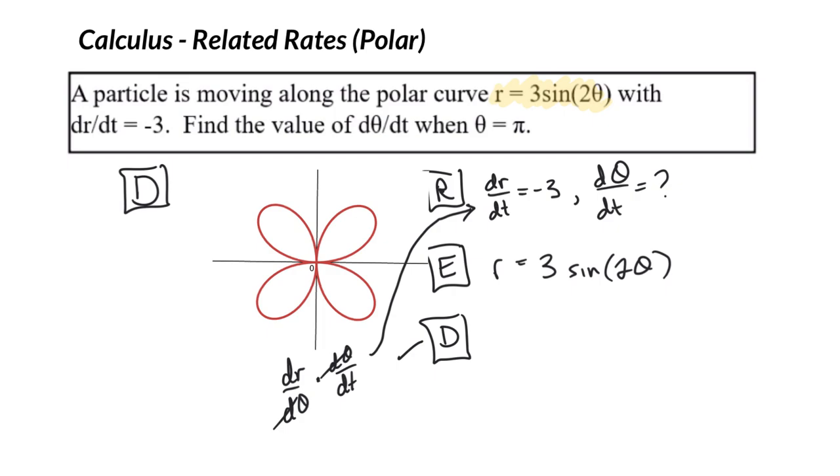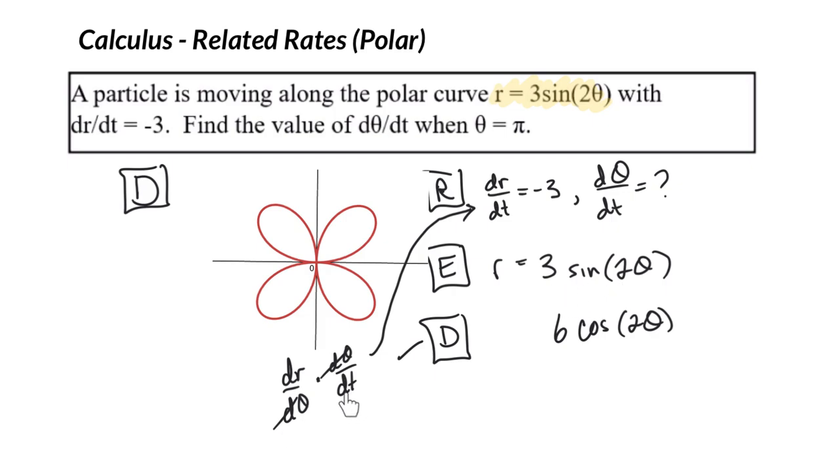So what I'm going to do is start by just finding the derivative, dr/d theta, of this. The derivative would be 6 cosine of 2 theta, using the chain rule. That is dr/d theta.